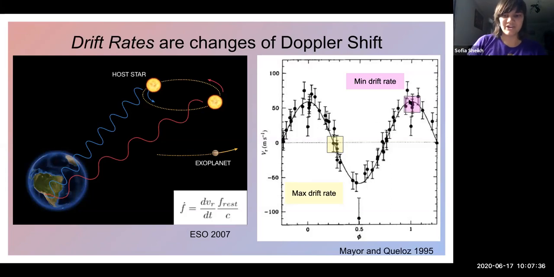The minimum drift rate happens kind of at these peaks and troughs where your slope is the shallowest. So that would be when the planet is coming directly towards or away from you. So that's kind of thinking about it in this frame of planetary systems.